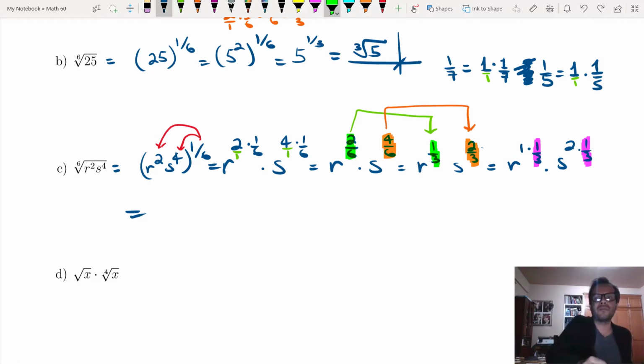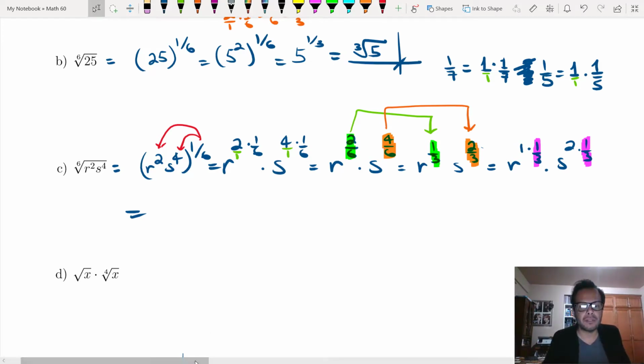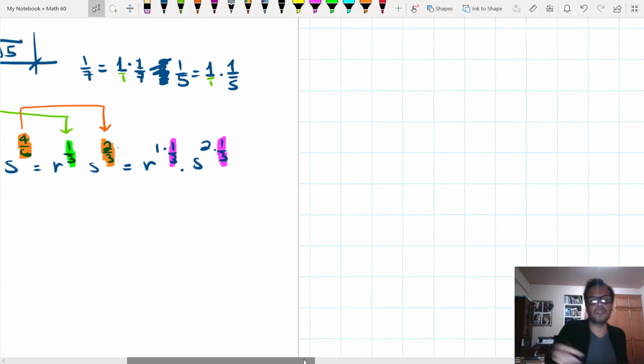I'm going to undistribute. Let me see if I have space here. Let me see if I can scroll to the right. Yes, I'm going to do it outside. You do it below the paper in your space.